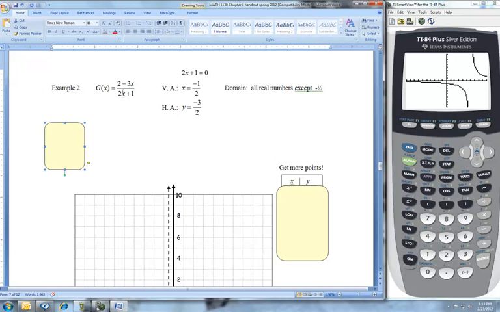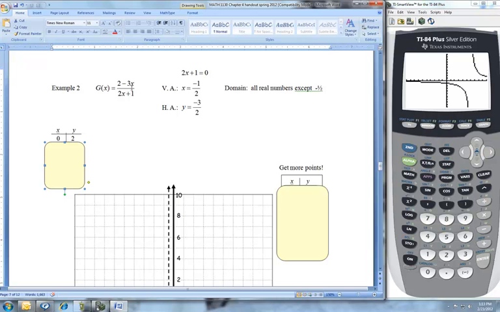I always let x be 0 because then you have y equals 2 over 1. And usually I get that first, so let's see if I did. That's a little bit too slow. So x is 0, y would be 2 over 1. So if I let y be 0, multiply both sides by your denominator, it gets rid of it. So you have 0 equals 2 minus 3x.